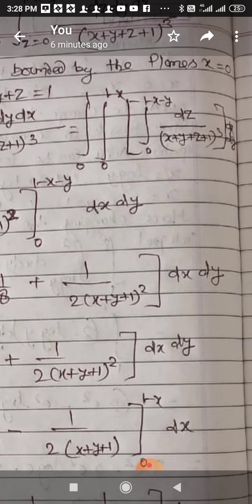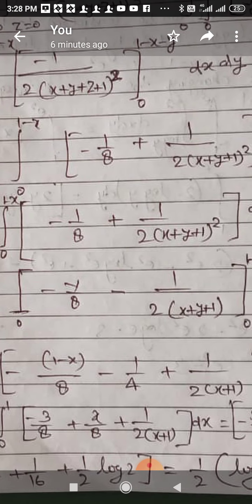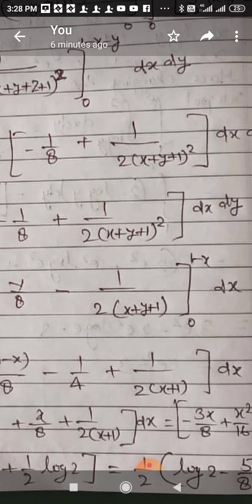Again it is integrated with respect to y. If we integrate it with respect to y, then 1 upon 8 becomes y upon 8 minus, and the same procedure applies: x plus y plus 1 is in the denominator with power 2. Whenever it goes to the numerator, the power is minus 2, plus 1, it remains minus 1 power, and then it is transferred into the denominator, so it becomes x plus y plus 1 to the power 1.